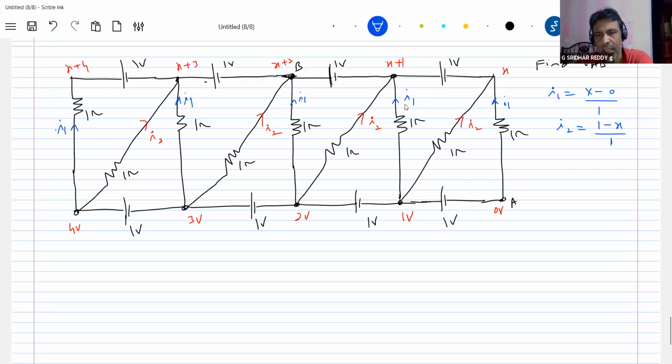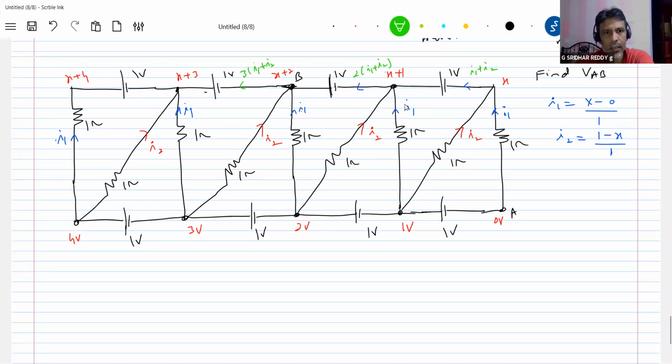That will be I1. Here I2 plus I1, or I1 plus I2. Then 2 I1 plus I2, 3 I1 plus I2, 4 I1 plus I2.